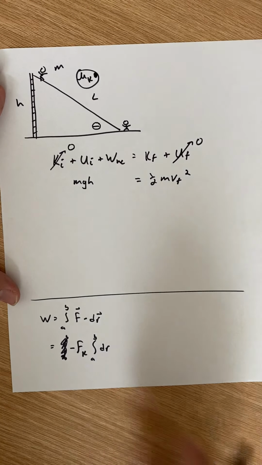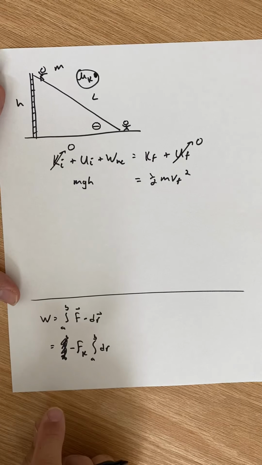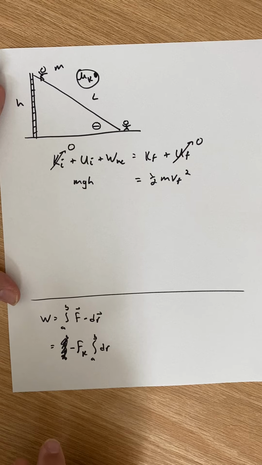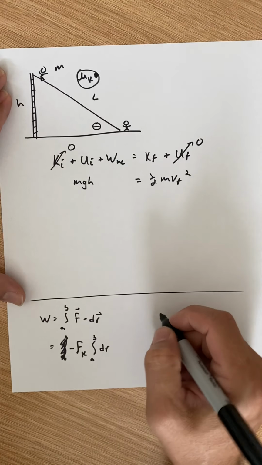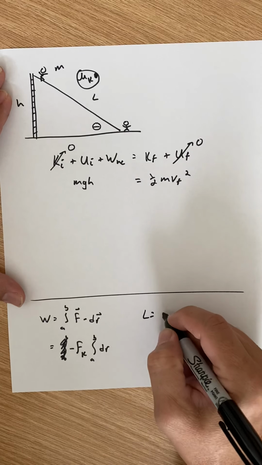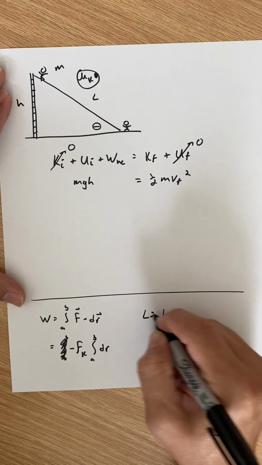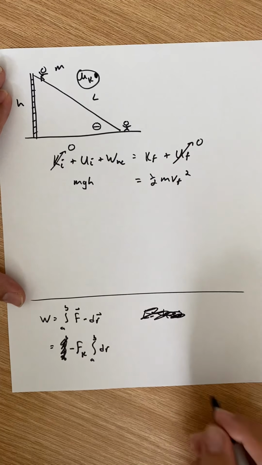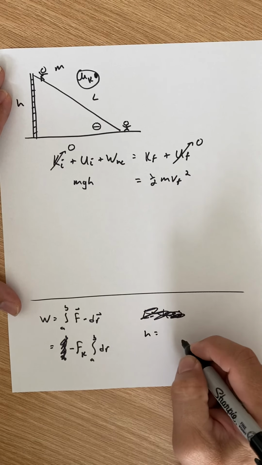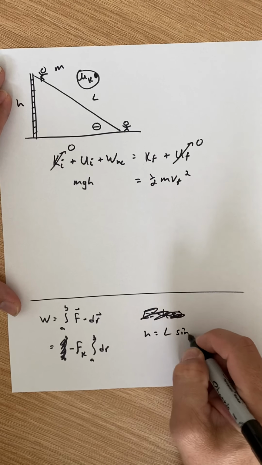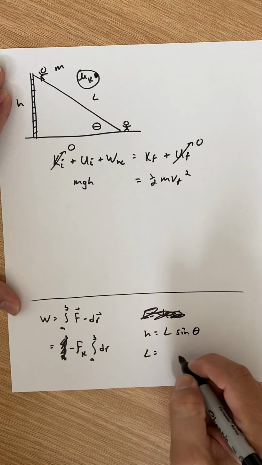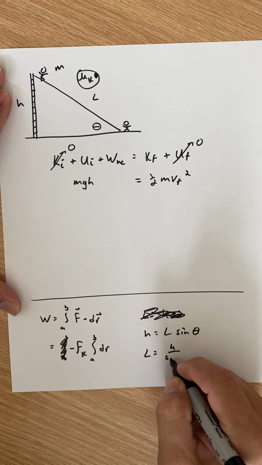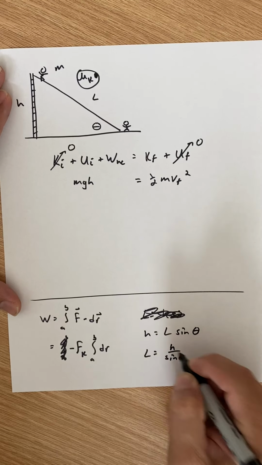It looks to me like the hypotenuse of a right triangle. So I know the opposite side, and so it certainly looks like L is equal to h sine, no, sorry, h is equal to L sine theta, which means then that L is equal to h over sine theta, right?